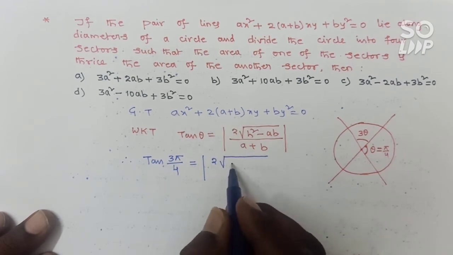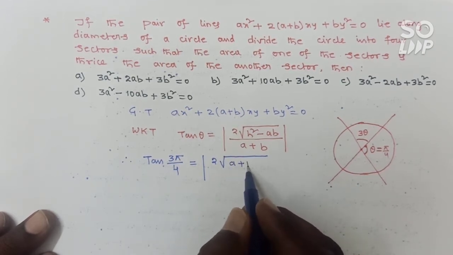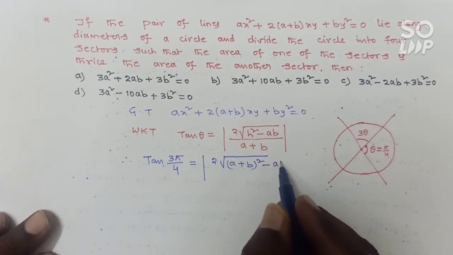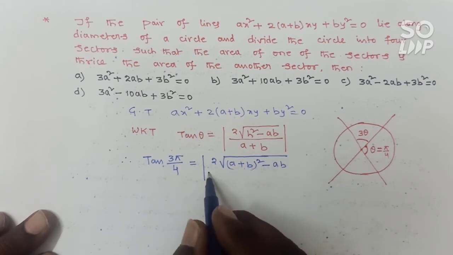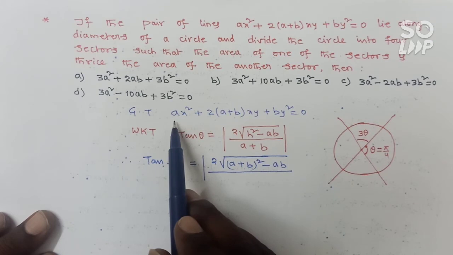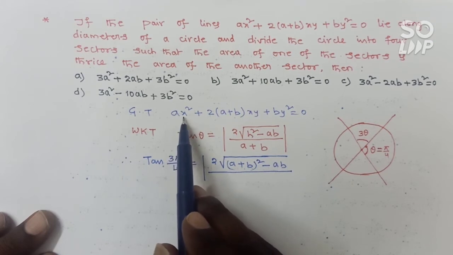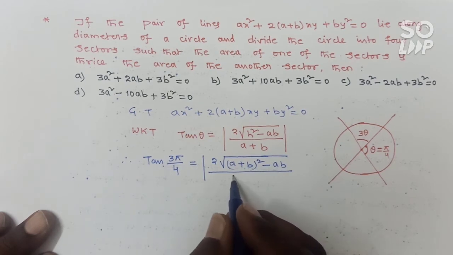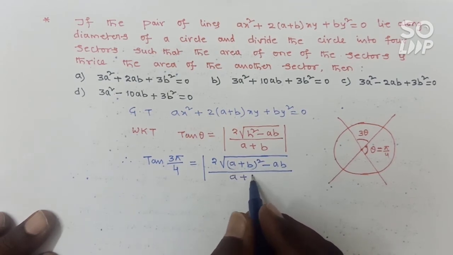H value is a plus b. A plus b whole square minus a into b, whole divided by a, is that x square coefficient. In the given equation, also x square coefficient is a, y square coefficient is b. So no change in the denominator.